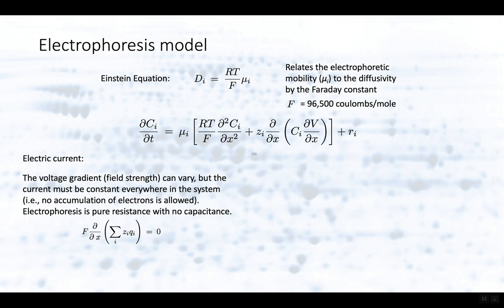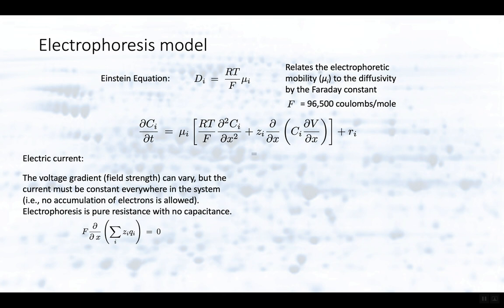Now, there's a few other ancillary things that we have to worry about. One is the electric current. The electrophoretic flow channel is effectively a resistor. There's a resistance to the movement of the ions, which is related to the ability of the ion to diffuse through the matrix.